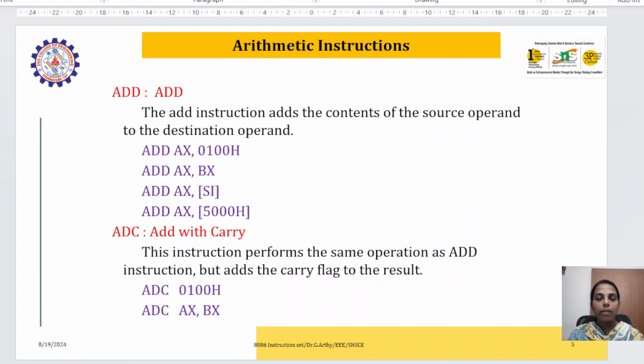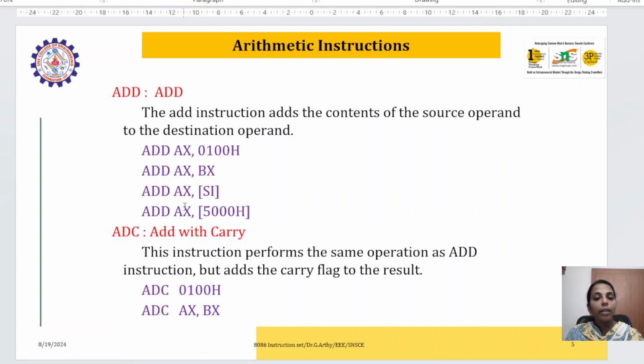The basic instruction is ADD, which is used to add two data, so two operands. See here, the syntax is given. The operands can be an immediate data and a register, two registers, a source index register and a register, or a memory address.